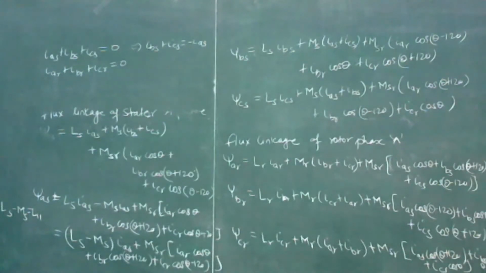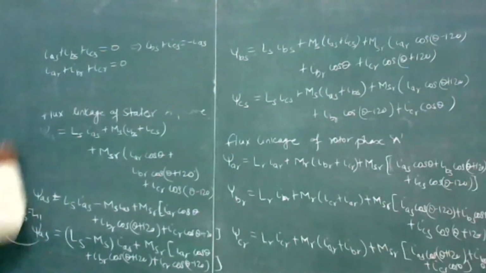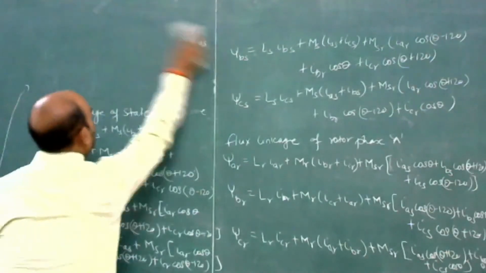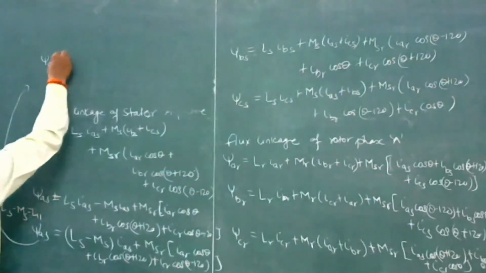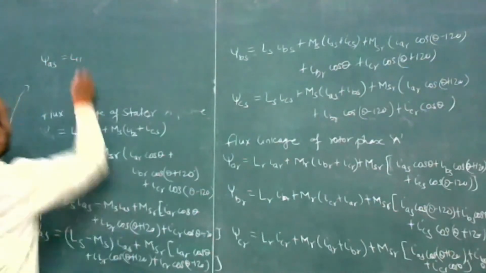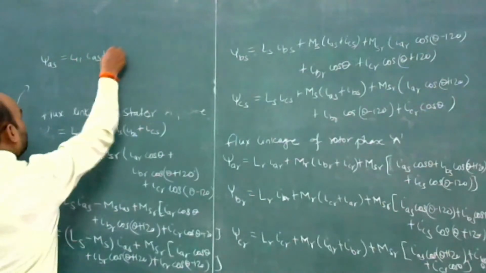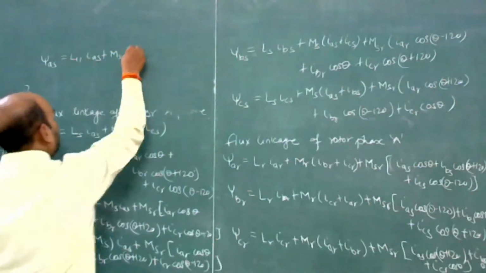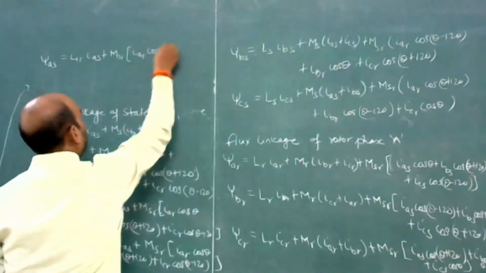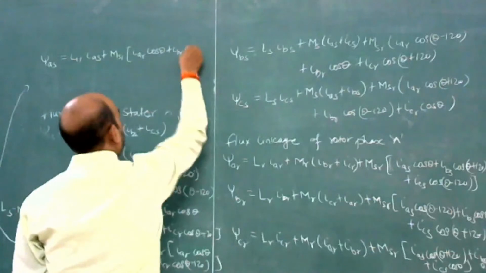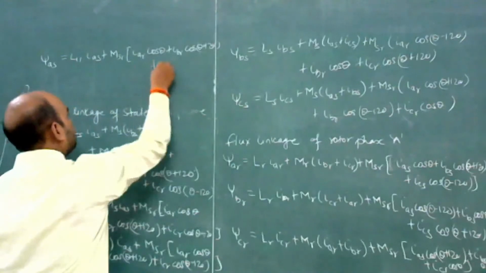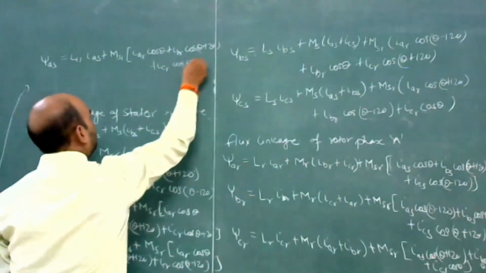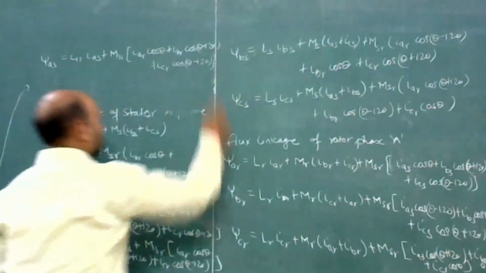Now we can write this equation psi AS: psi AS is equal to L11 into IAS plus MS IAR cos theta plus IBR cos theta plus 120 degrees plus ICR cos theta minus 120 degrees.